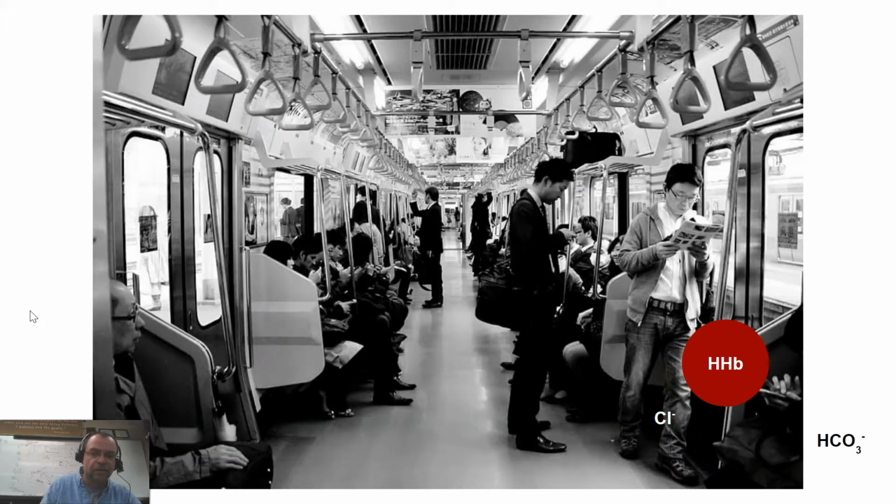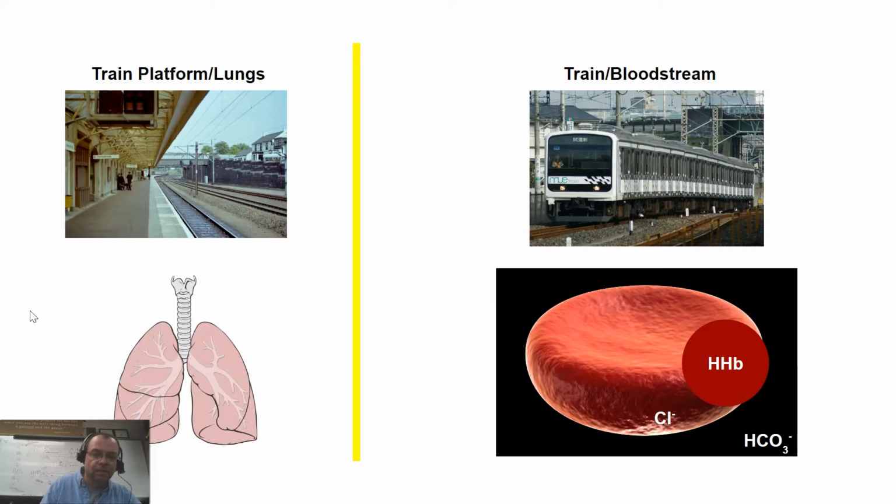All right, let's go for a ride. We'll stay on the train, go back to the heart, and we end up back in the lungs. Now there's a higher concentration of HCO3- outside the red blood cell than inside, so it will diffuse into the red blood cell and displace the Cl-, and they'll effectively switch spots.